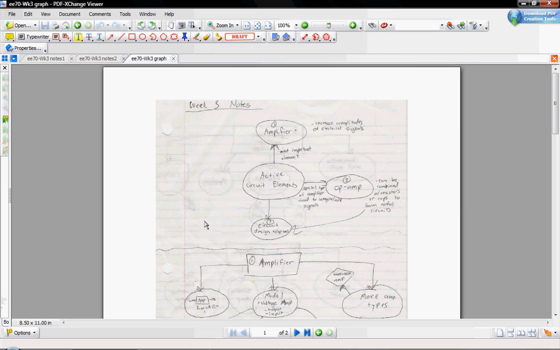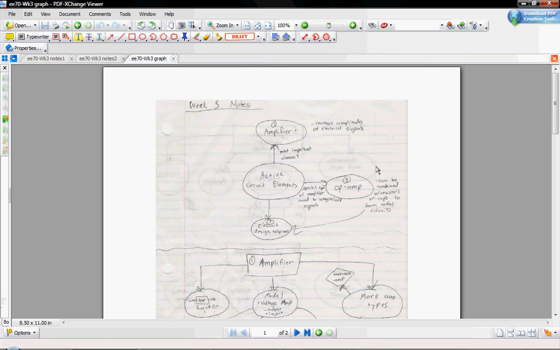Okay, so here we have an overview. We have this topic of circuit elements, and of course we're talking about amplifiers, op-amps, and circuit design with op-amps. An amplifier is the most important element. What does it do? It increases amplitudes of electrical signals. Then we have an op-amp. It's a special type of amplifier, and it can be combined to design circuits.